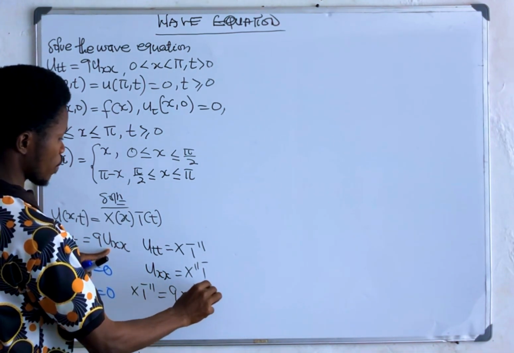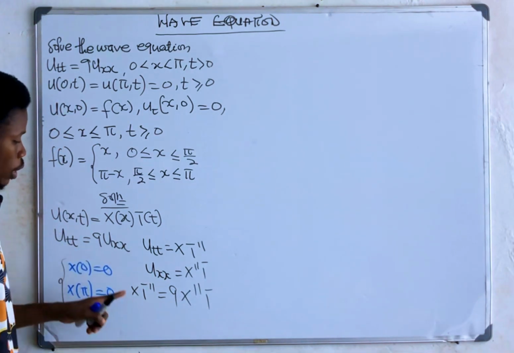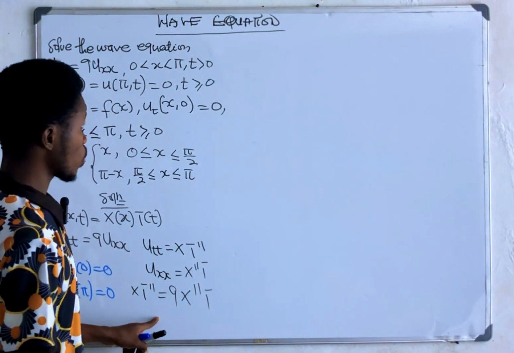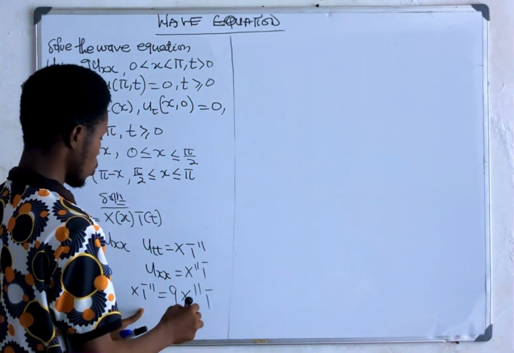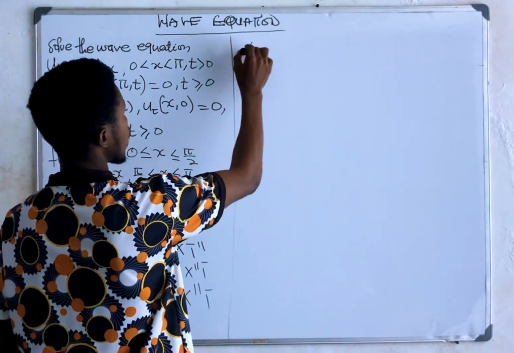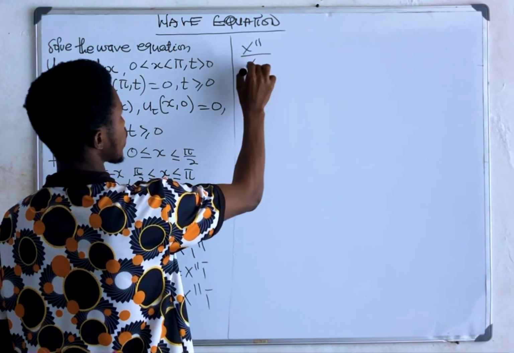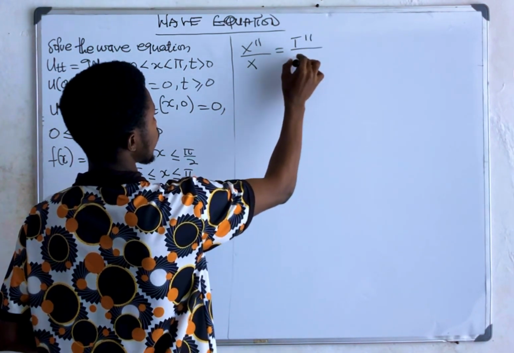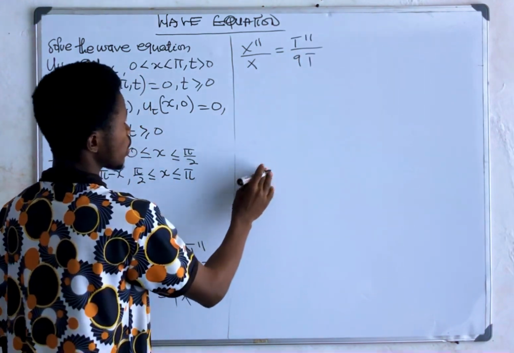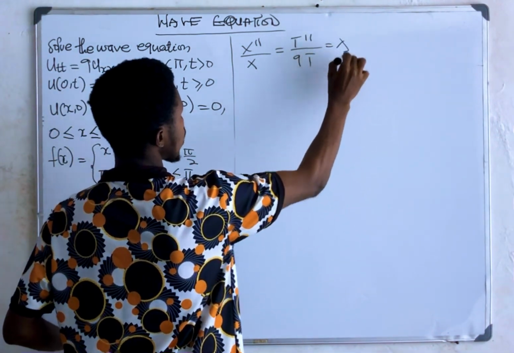X double prime T. Is that okay? So here we do the simple division that we do. So what I'm going to get here is X double prime over X equals T double prime over 9T. And you say this should be equal to lambda.